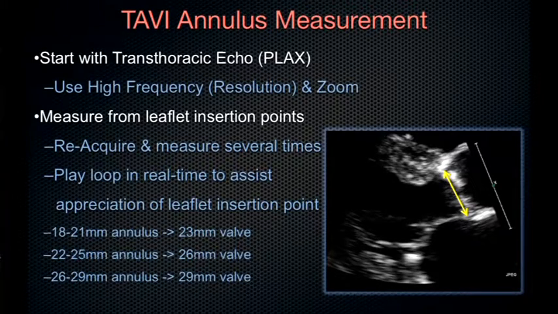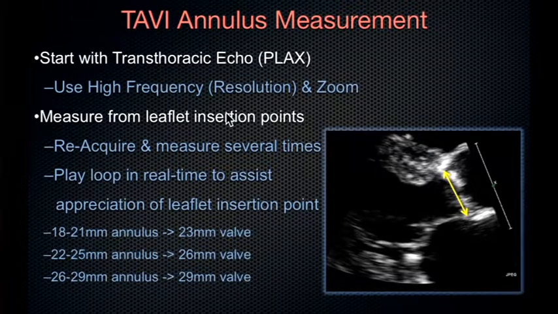Now, starting with transthoracic echo, it's important of course that you optimize your spatial and your temporal resolution. So make sure that you have the system turned into a high frequency mode, or resolution mode as it's called on some systems, and you zoom in on the aortic valve to again optimize your spatial and temporal resolution.